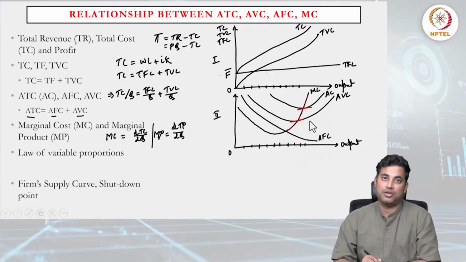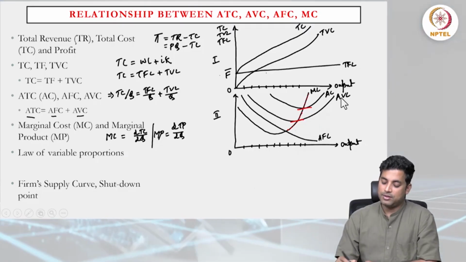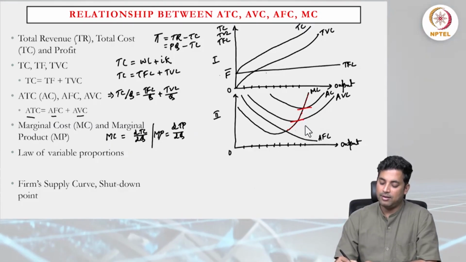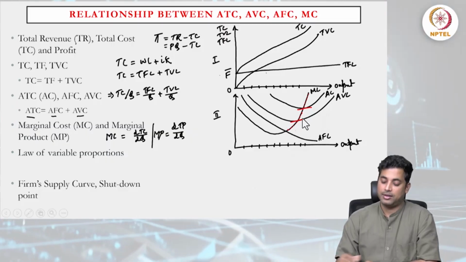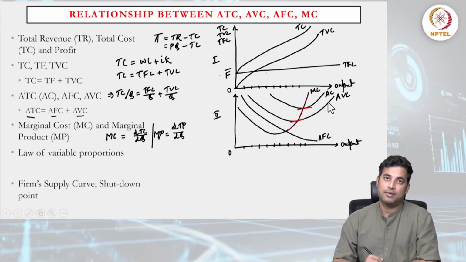One is average variable cost, and then it will also cut the minimum point of average cost.